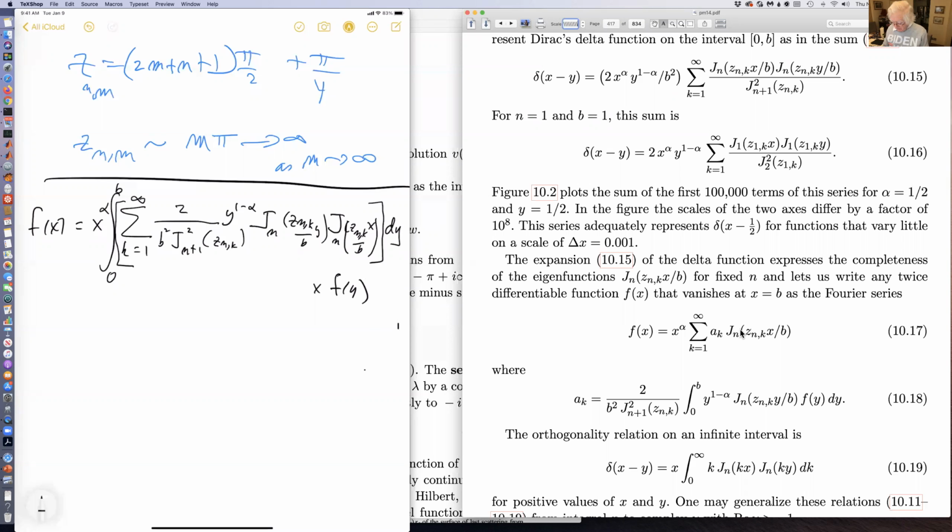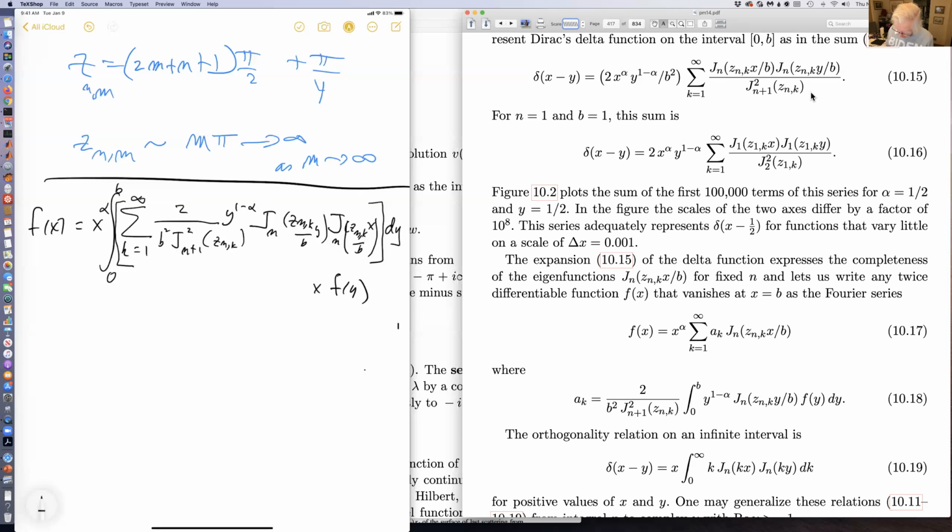In other words, what's in these square brackets is just 2 over b squared, x to the alpha, y to the 1 minus alpha, and then a sum, k equals 1 to infinity, of J_n of j_nk y over b, J_n of j_nk over b times x, divided by the J_{n+1} squared of j_nk.